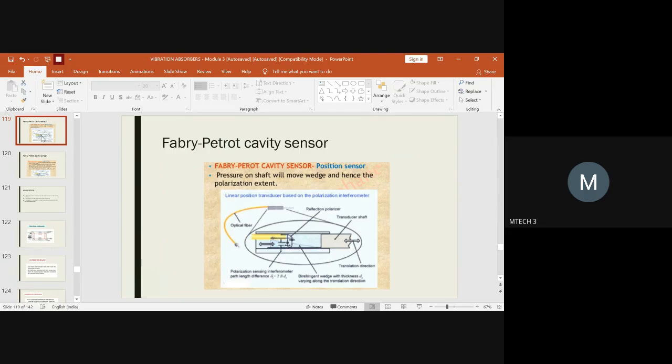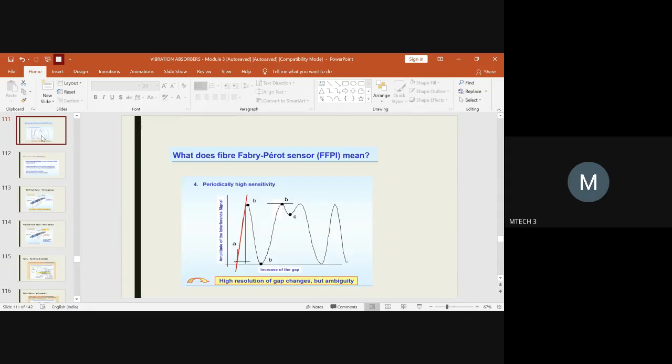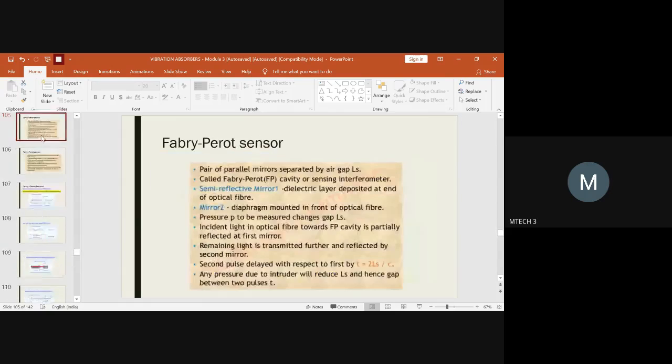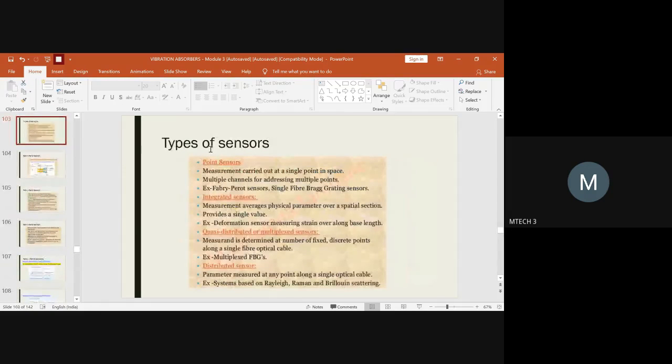The other main sensor which is essential for you to understand is the Fabry-Perot sensor, so I thought let me explain this also. All the types of Fabry-Perot sensors and the main classification you are aware about, where I have shown you the slide here. This gives you the entire classification of sensors associated with optical fiber.